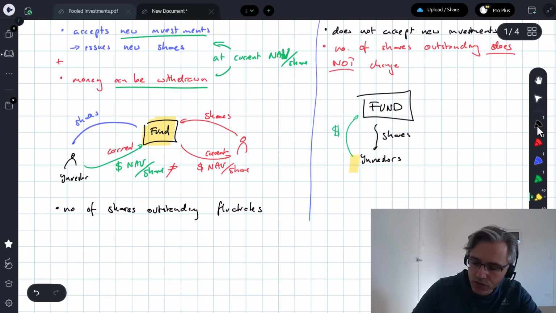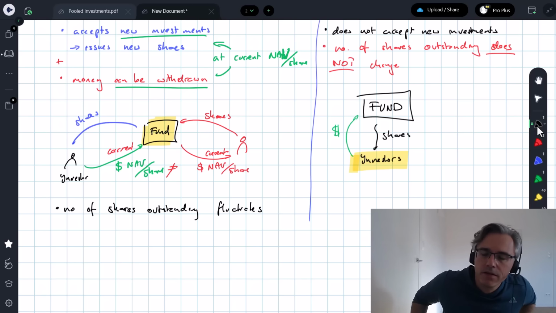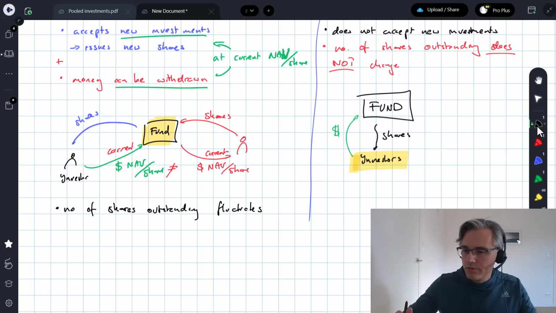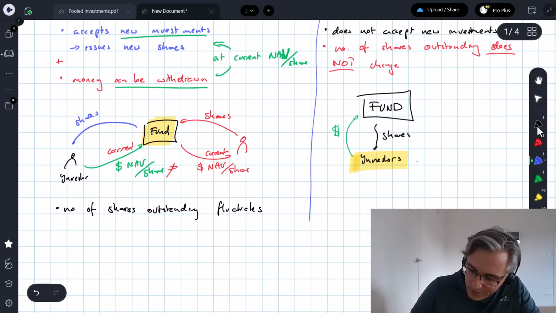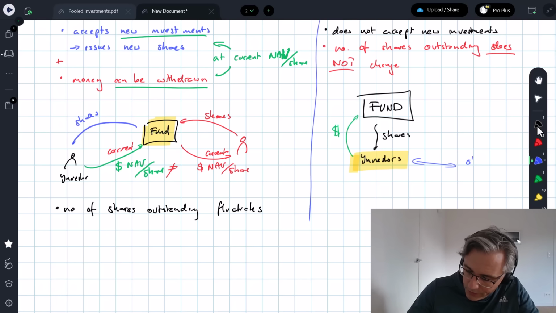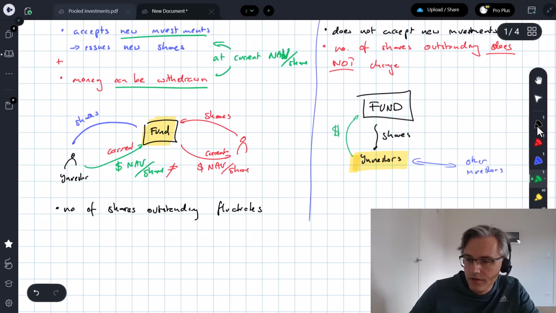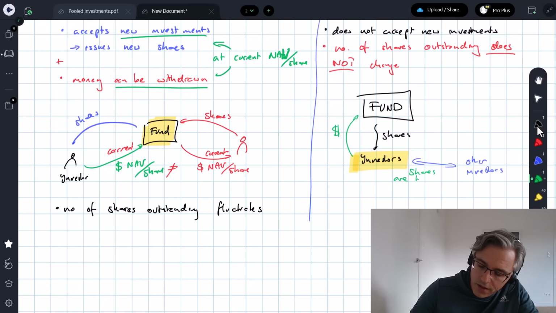But subsequent to this, the people who already held the shares, they cannot go back to the fund and ask for those shares to be redeemed. The only thing they can do is potentially trade with other investors. So the shares of closed-end funds will typically be tradable in the secondary market. These shares are traded in some form of secondary market.